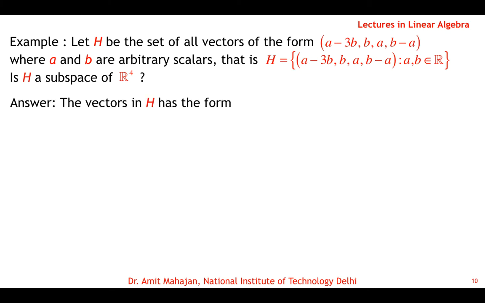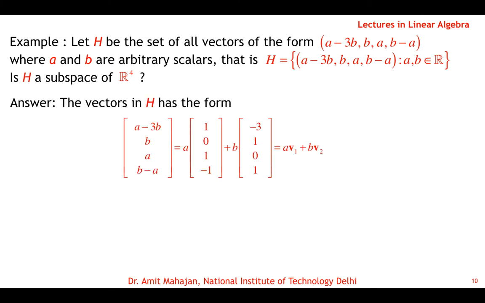If we rewrite the vectors, which have 4 elements, and decompose them as scalars times vectors, we can easily rewrite this as a times (1, 0, 1, minus 1) plus b times (minus 3, 1, 0, 1).